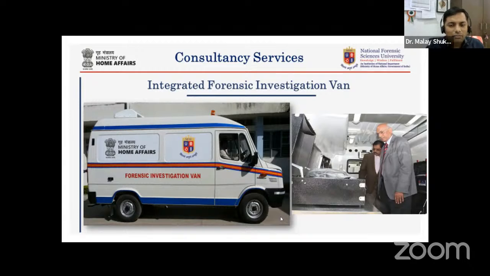And these kinds of vans, and another version of the miniature van, have all the kits that can help us in on-spot identification of wildlife parts and products. So if you have any wildlife part or products or maybe human interface, on-spot identification is very important. Half of the case will be solved on-spot only.